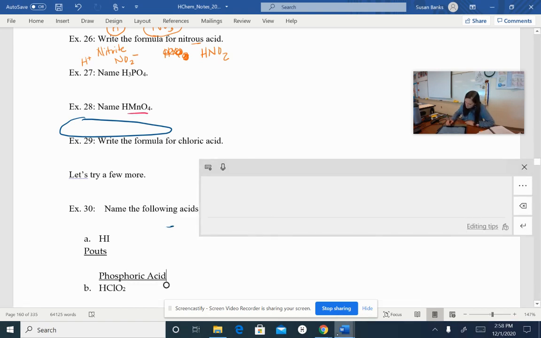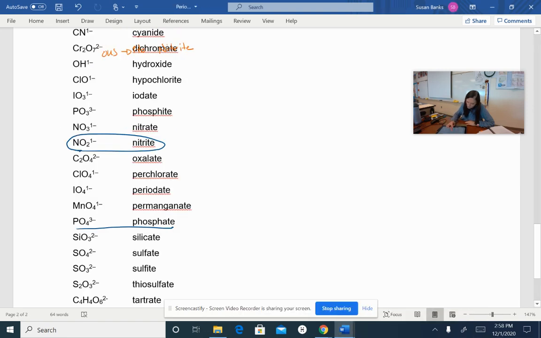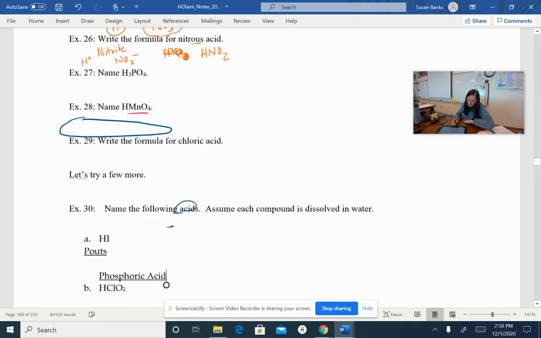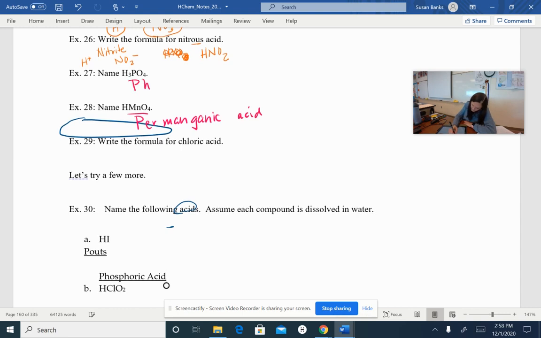Okay. So this next one, HMnO4. Let's look at that. MnO4 is permanganate. It's an ate, so it's going to be permanganic, right? Ates go to ic, so permanganic acid. Okay, so remember, ates go to ic, and this is an ate, and so it's also going to ic.